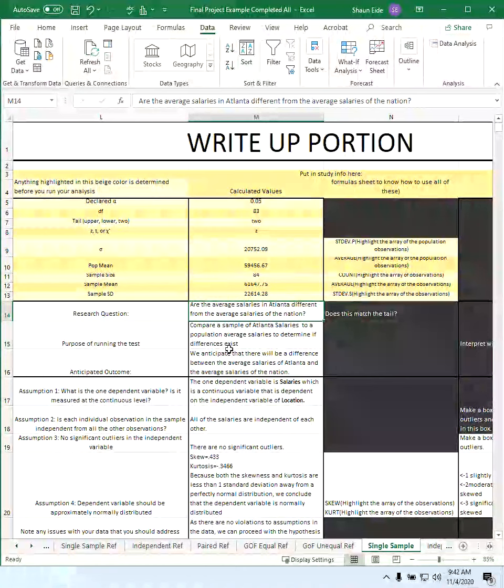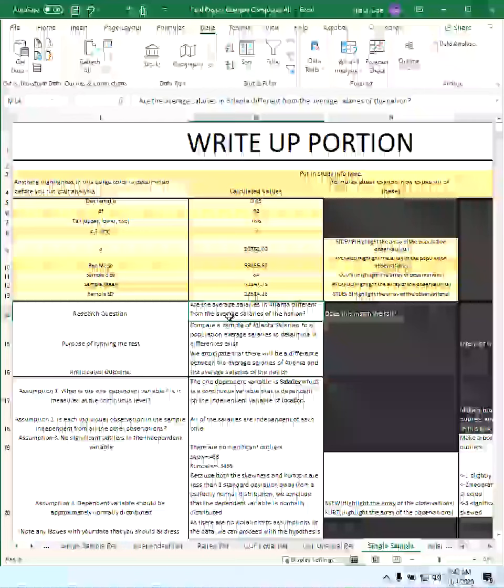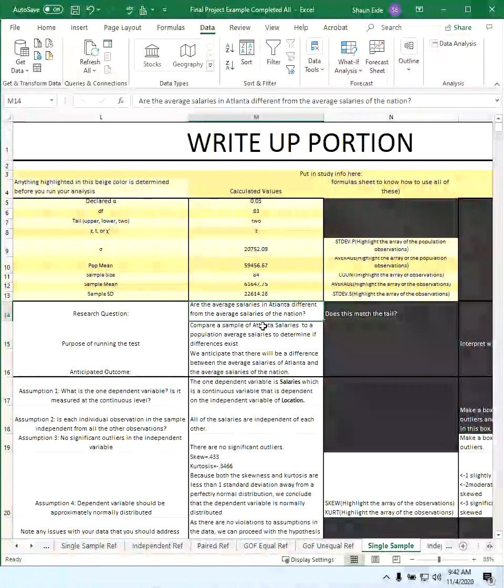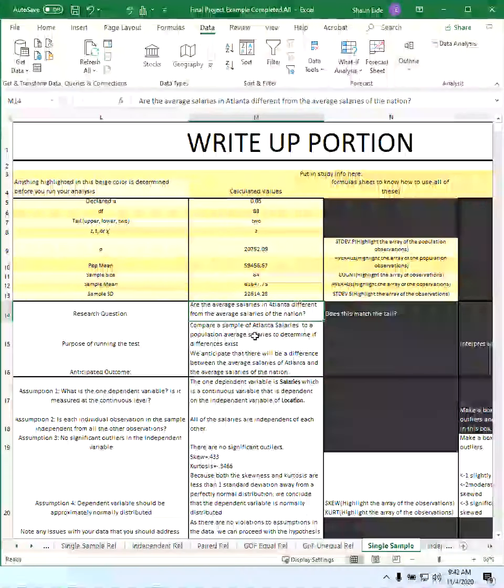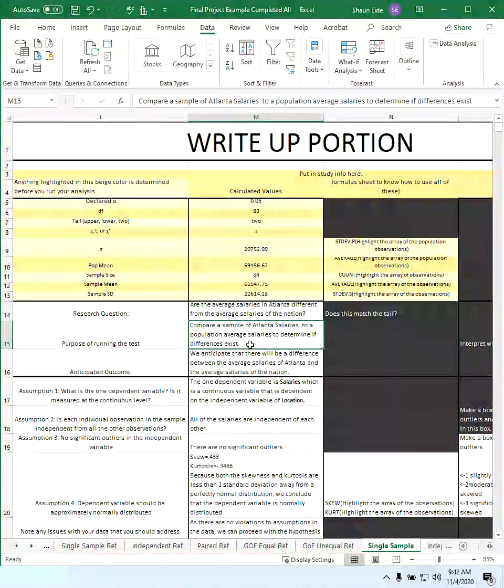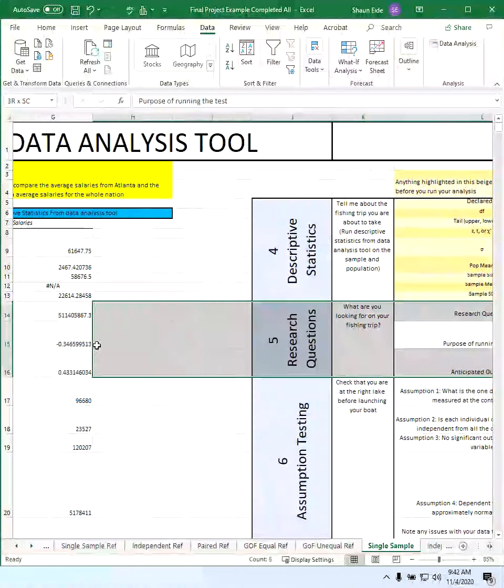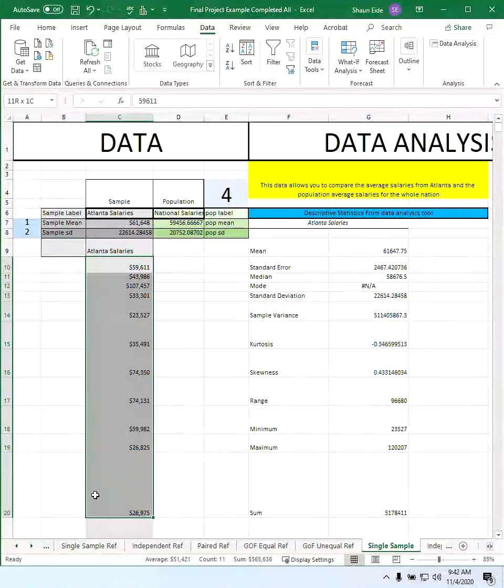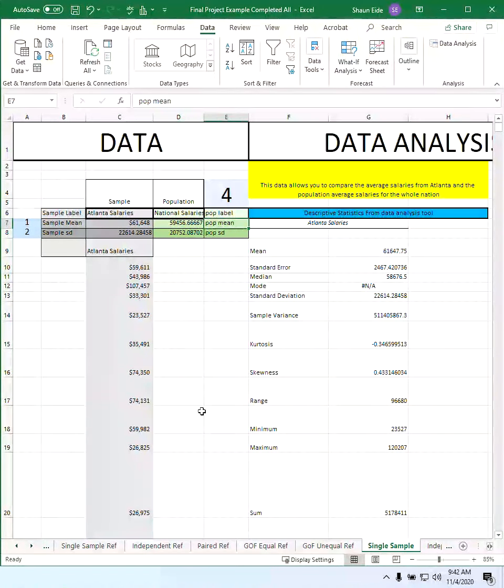Normally, you would write it as, is the average salary in Atlanta different from the average salary in the nation? But we're literally dealing with the average of averages. So we've averaged all of the salaries from all these different occupations. So it's, are the average salaries in Atlanta different from the average salaries of the nation? Okay. And so we're saying, is this mean different than this?